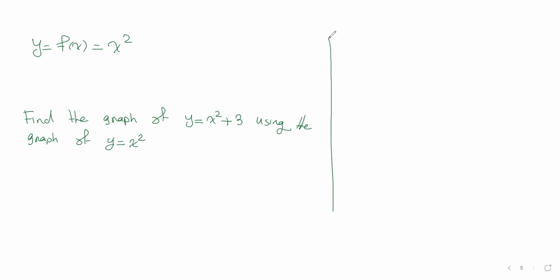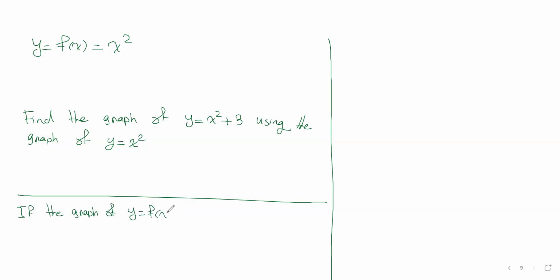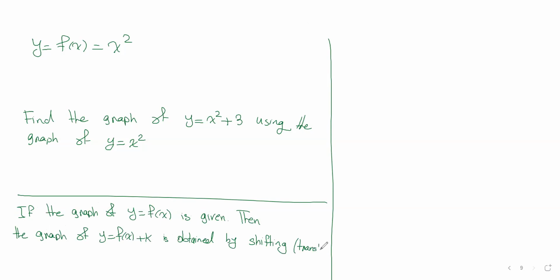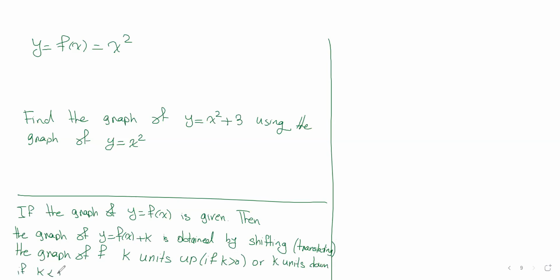So I'm sure you already know it. In general, if the graph of y equal to f of x is given, then the graph of y equal to f of x plus k is obtained by shifting, or it's called translating, the graph of f k units up if k is positive, or k units down if k is negative.